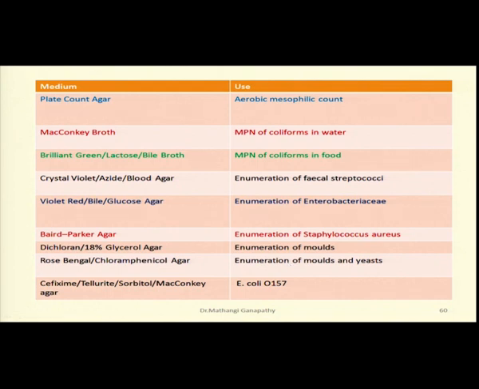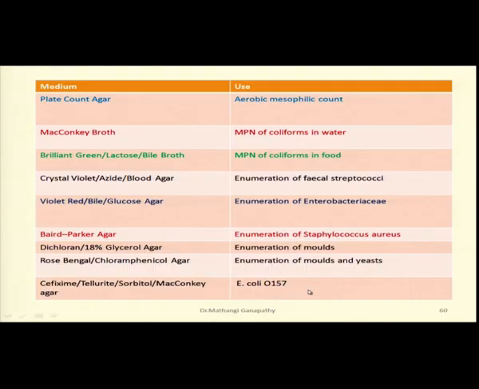If your food sample contains fungal spores, mold spores, they will grow in rose bengal agar, while bacteria would be inhibited because of the presence of chloramphenicol. Then cefixime tellurite sorbitol MacConkey medium is specific for E. coli O157. So, as the final confirmation test, once you have identified a sample, if we use these plates, then we can identify the bacterial sample which is present.